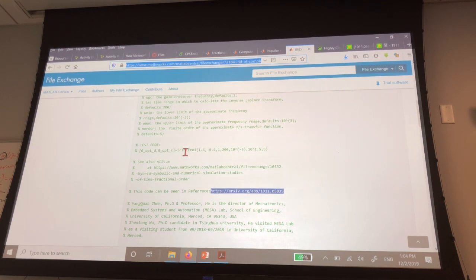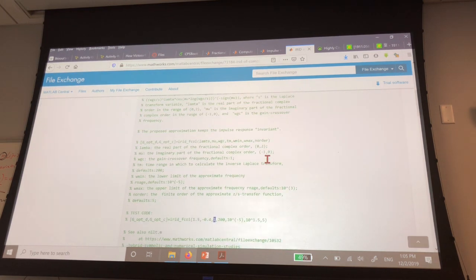So what they do is the code, IRID fractional complex order integrator. This is the real part, imaginary part. This one means, let me see, I forgot. Oh, sorry, one is the gain crossover frequency.